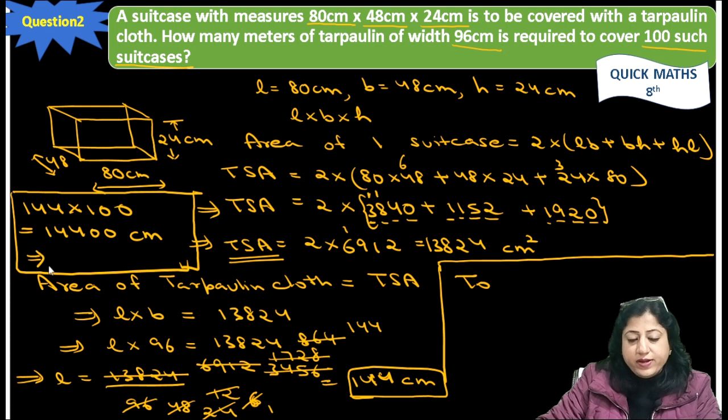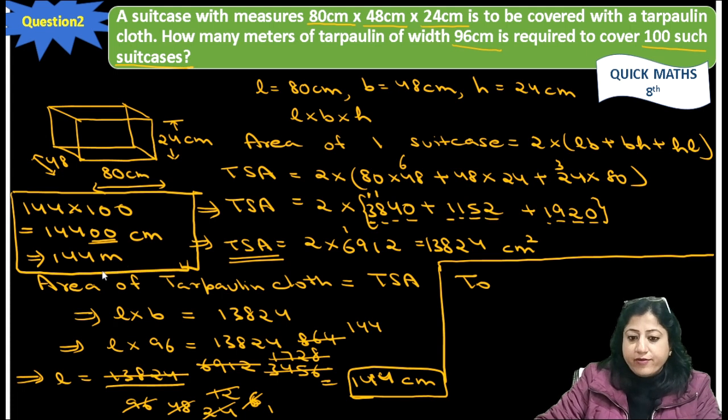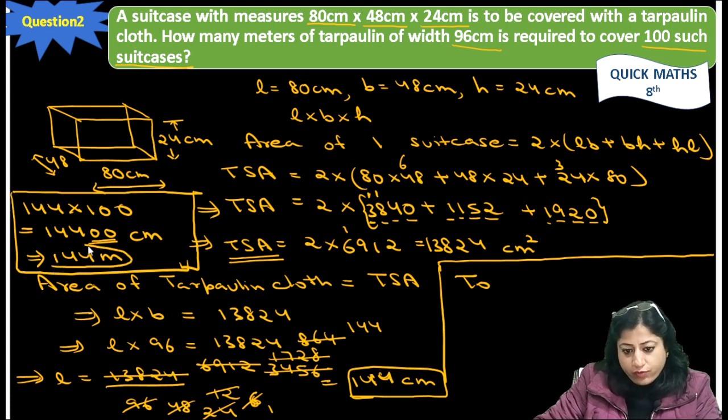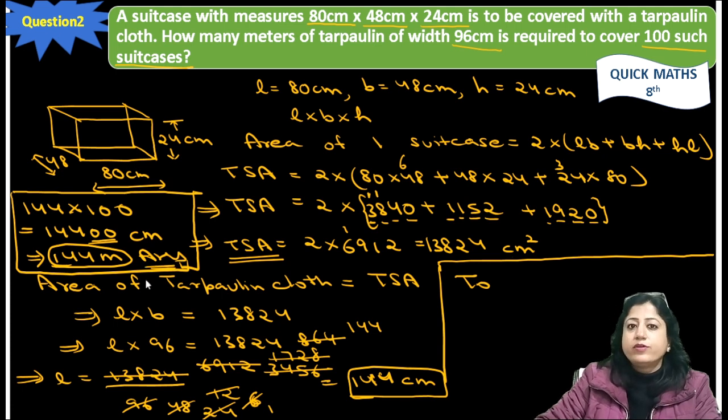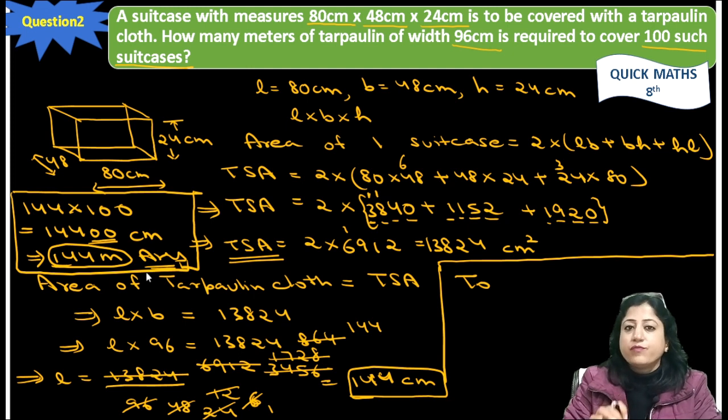And in the case of meter, because generally cloth is in meter, not in centimeter, two zeros will be gone. We will divide it by 100, so it will be 144 meter. It is the answer. So the final length of tarpaulin cloth to cover 100 such suitcases is 144 meter.